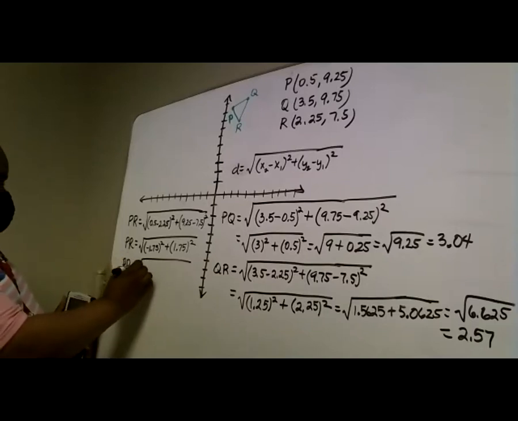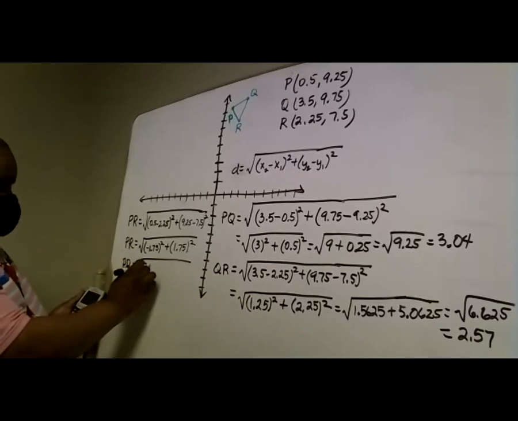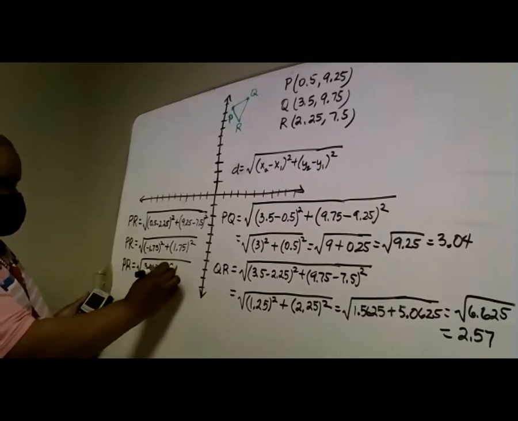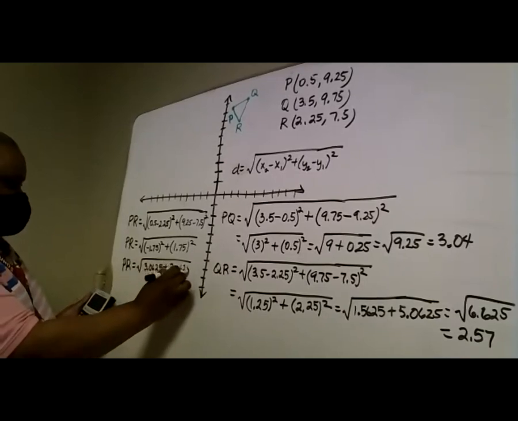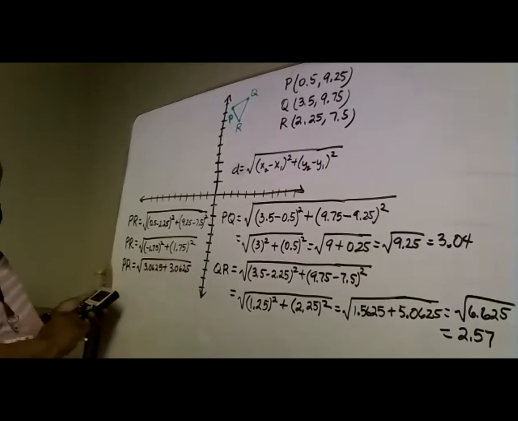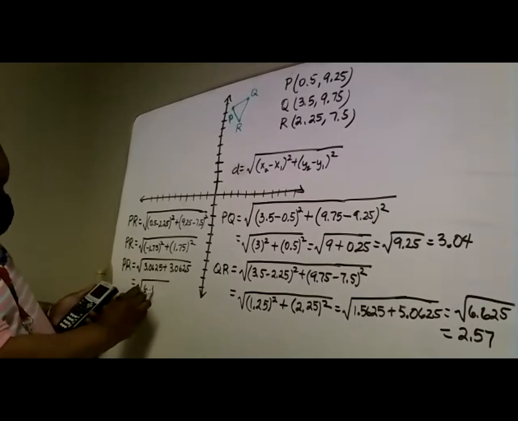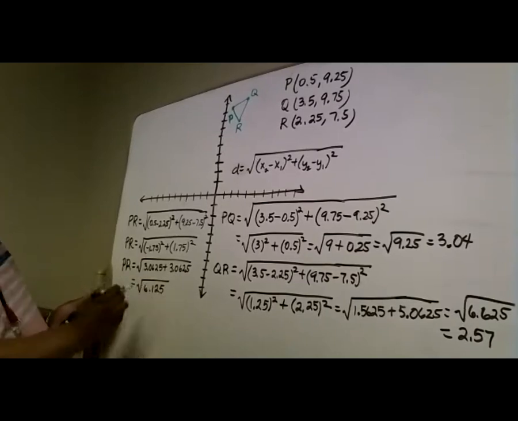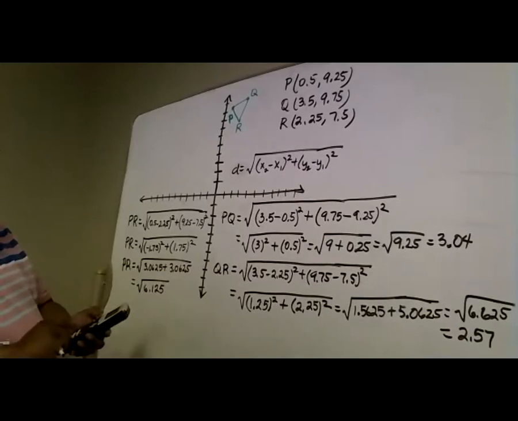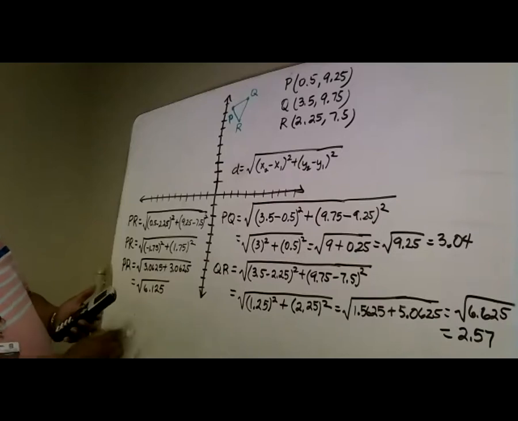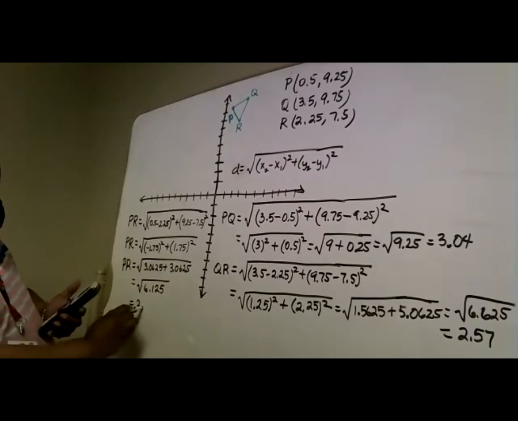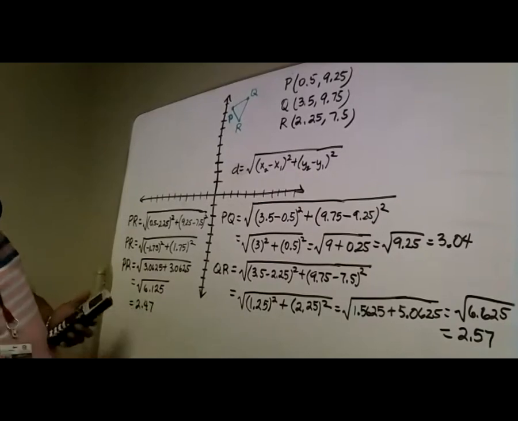Squaring the negative 1.75, you get a positive 3.0625, and it's the same thing for the other one. This will be the square root of 6.125, which gives approximately 2.47.